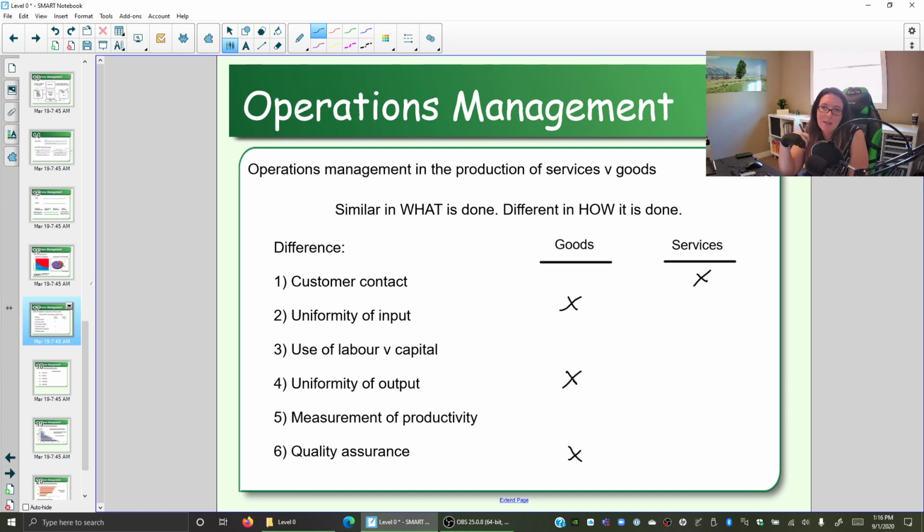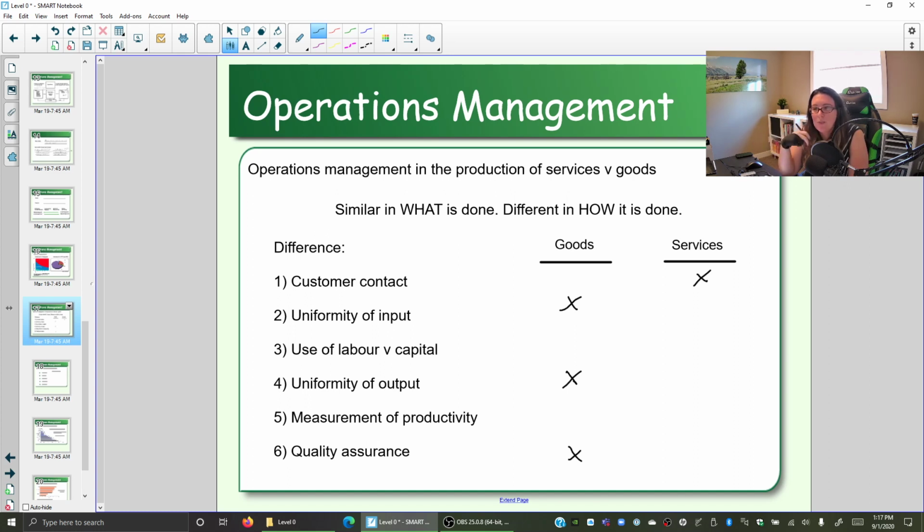If we go back to the hair salon example, my hair takes 3 hours to do, your hair takes 15 minutes. Does that mean your hairstylist is more productive than my hairstylist? Because we have that lack of uniformity of inputs and outputs, it's harder to measure what you're getting out of those inputs.